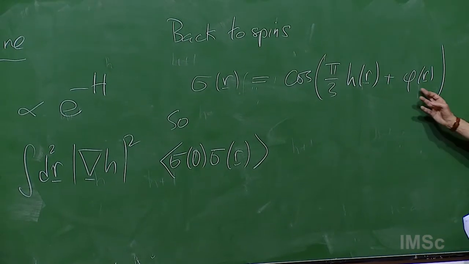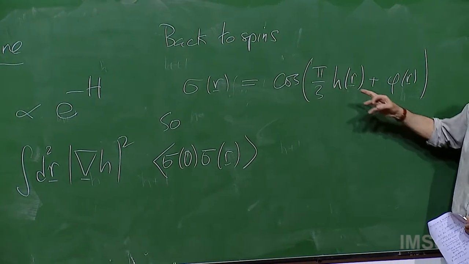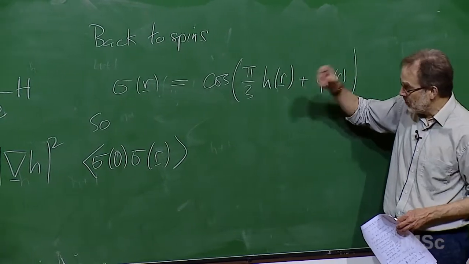So we can separate the cosine into two complex exponentials.